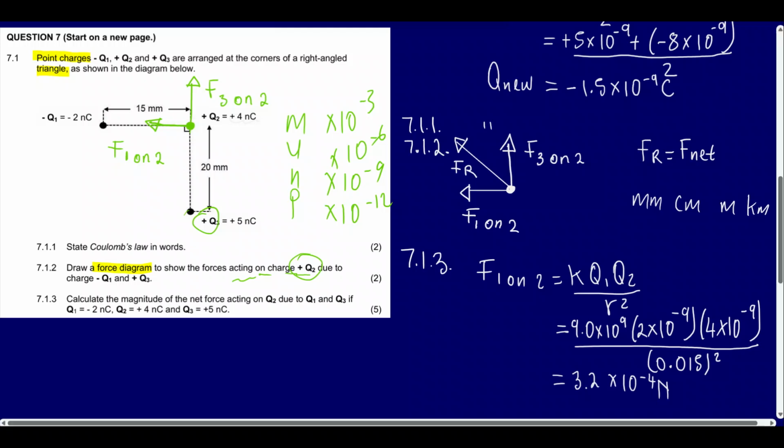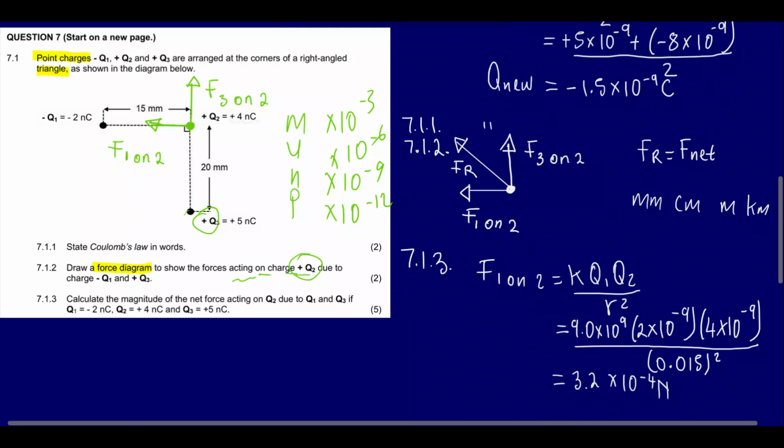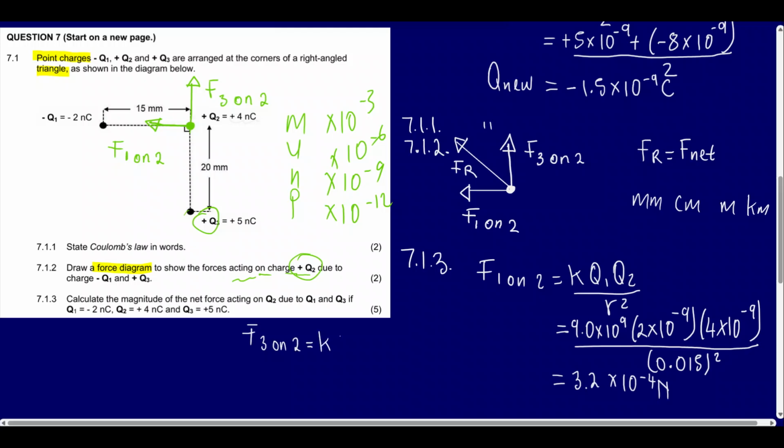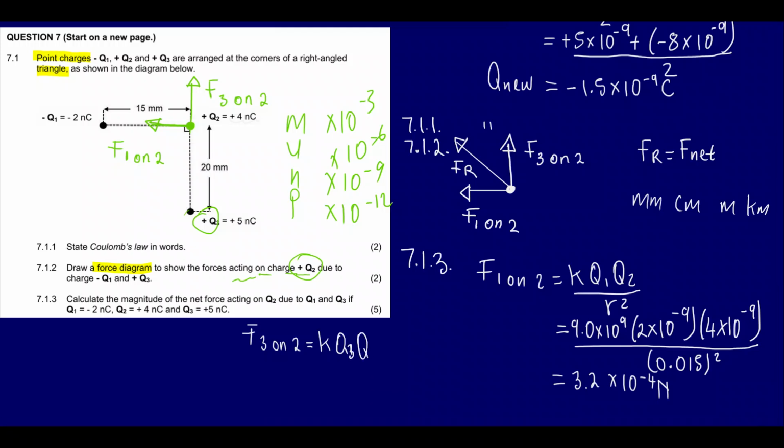So that is the force experienced between those two charges. Now I have to quickly calculate the force 3 on 2, right? So we'll quickly do that.